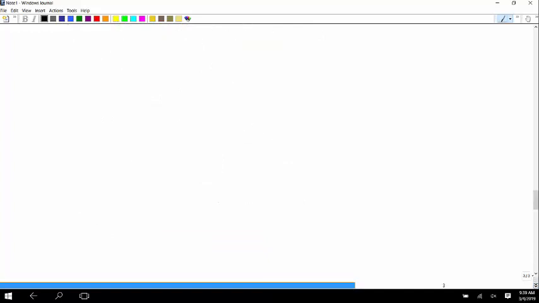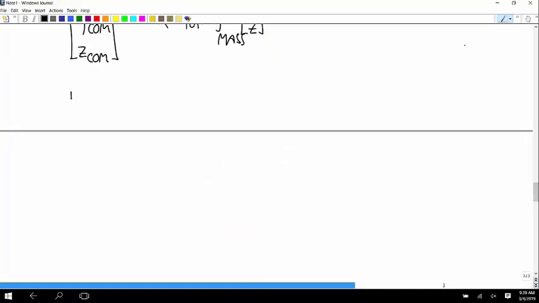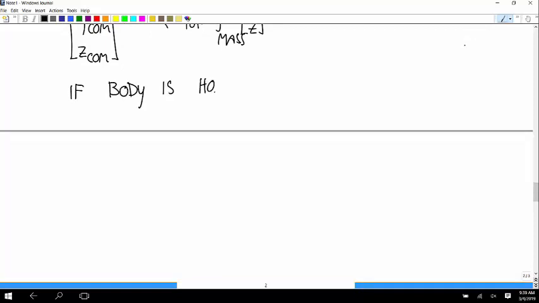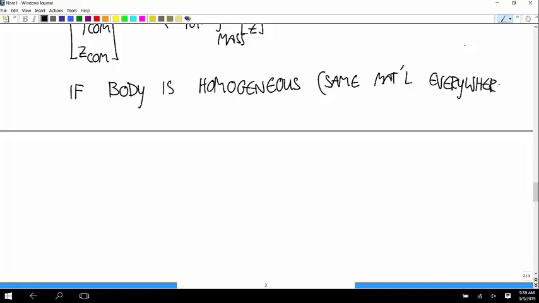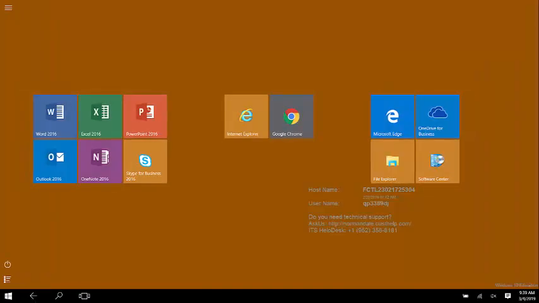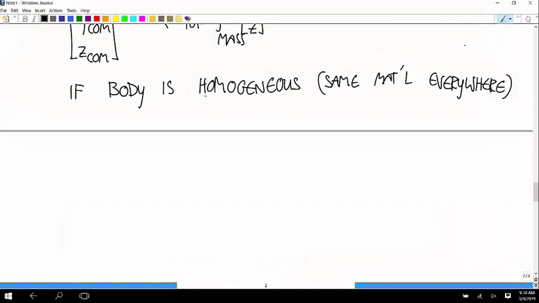If you're dealing with a homogeneous body, and homogeneous just means it's the same everywhere, so the same material everywhere, then the center of mass is at the geometric center, which is called the centroid.